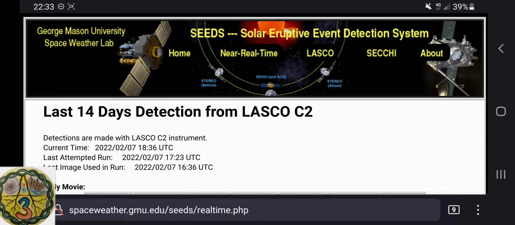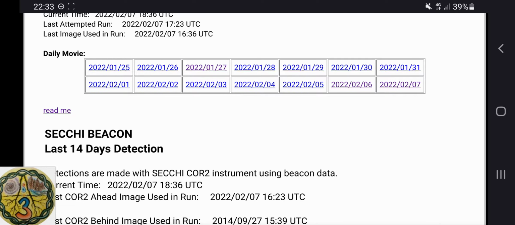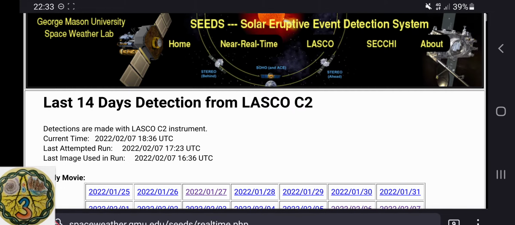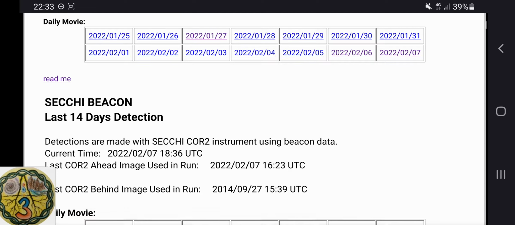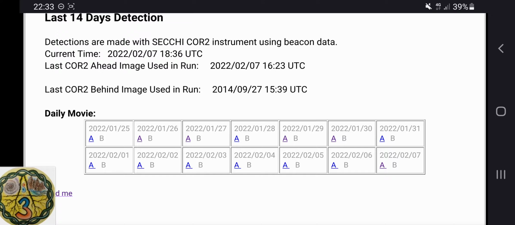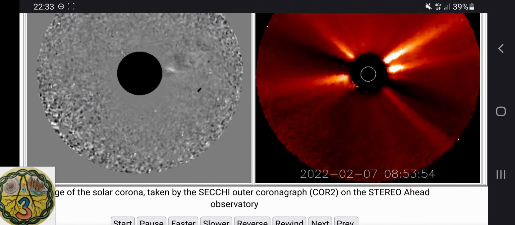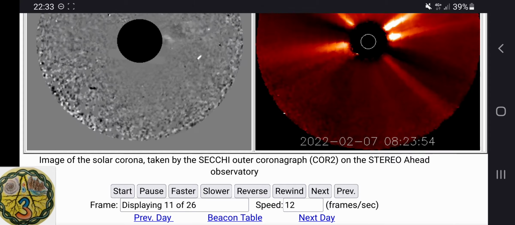Yeah, after a long break, let's have a quick look at Sunmachines. That's the page. George Mason University Space Weather Lab. And we go to watch at this. Let's slow it down a bit.